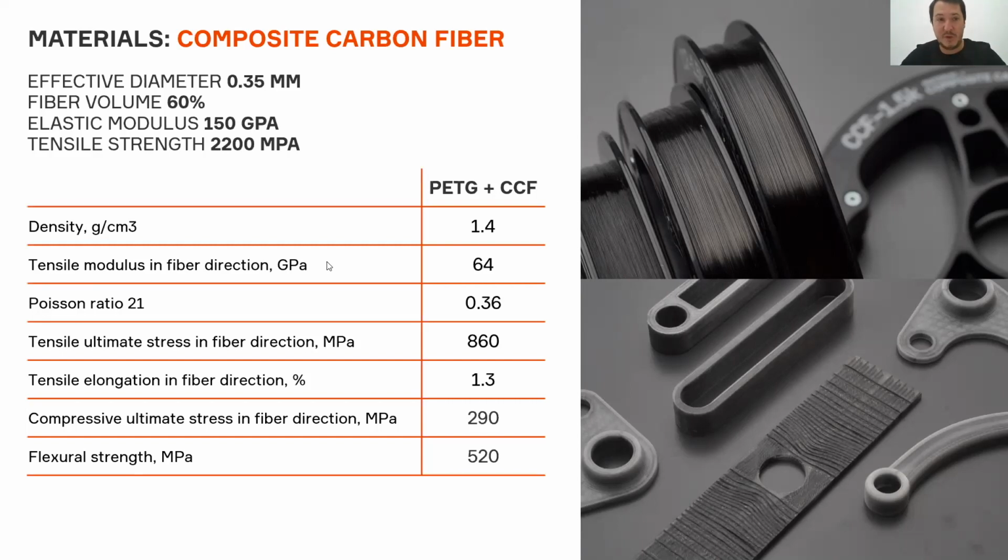So you can use different types of thermoplastics, different types of plastic filaments, but epoxy is a thermoset material, and it is not possible to use it as a plastic filament on our systems.